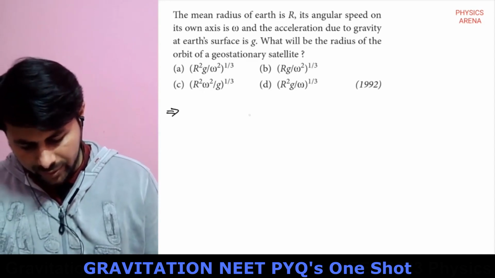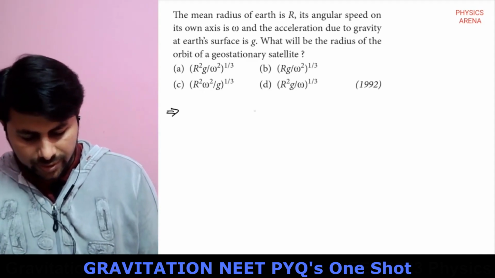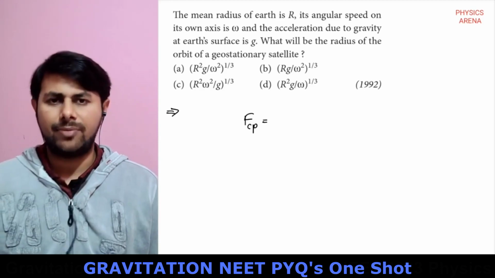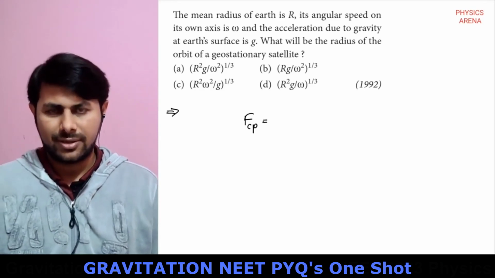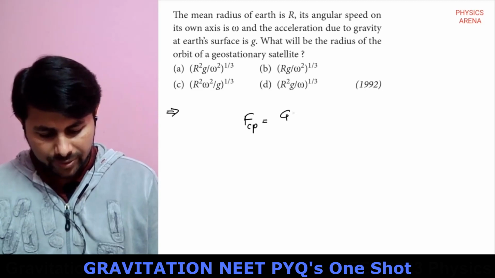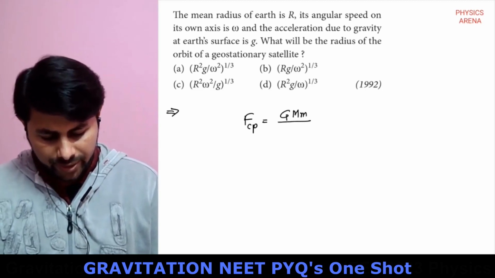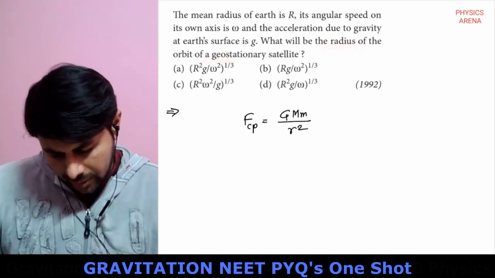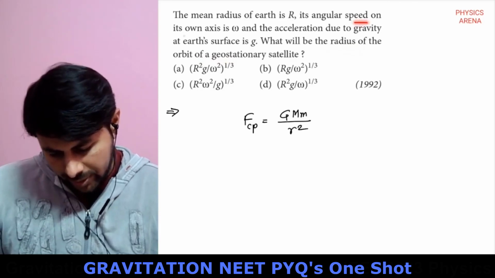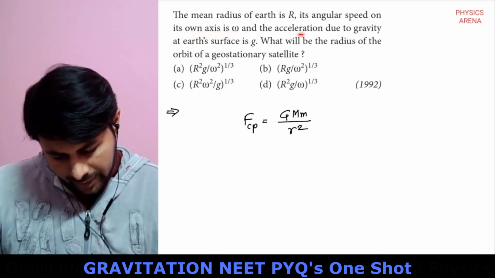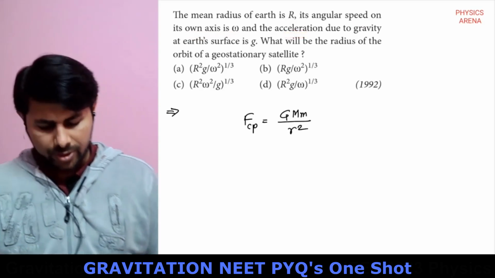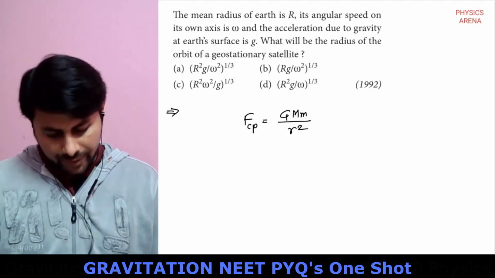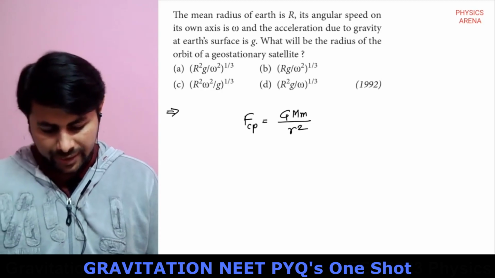For revolution of the satellite, the centripetal force is provided by the gravitational force, right? So F_cp is equal to GMm upon r square. What is F_cp, the centripetal force?